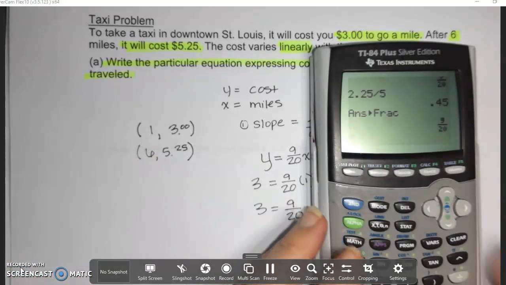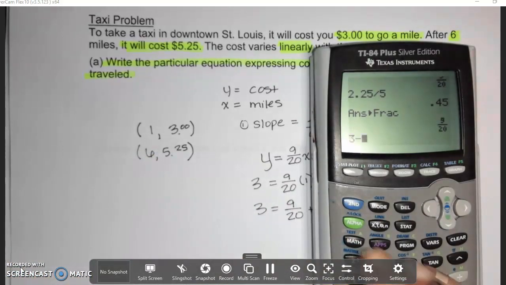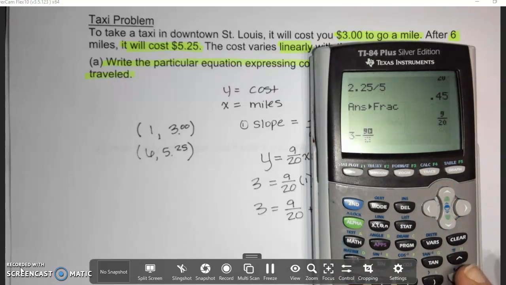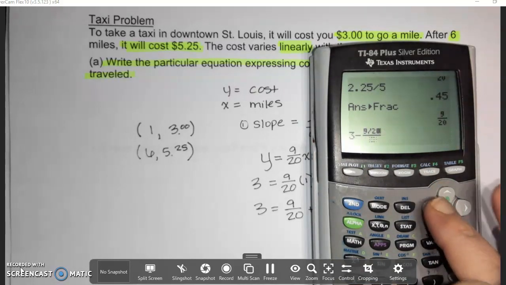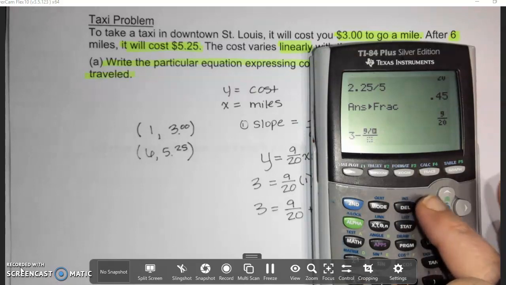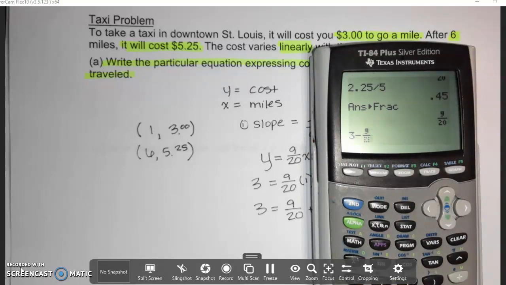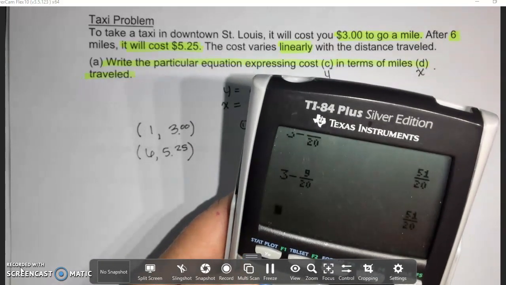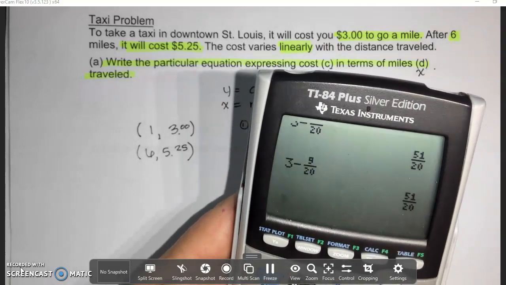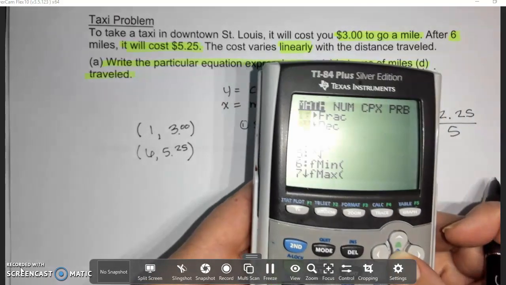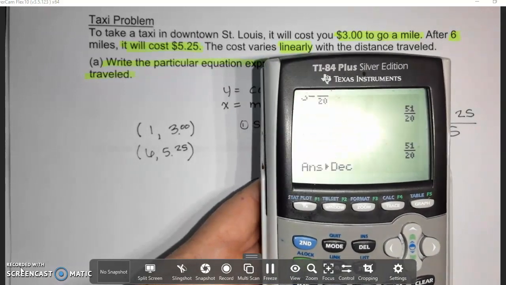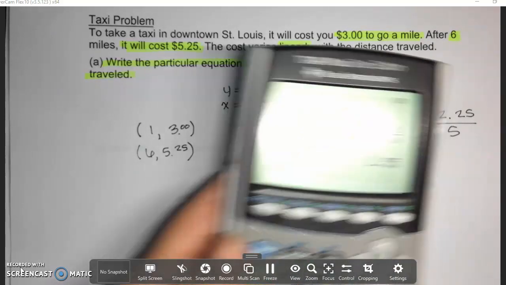So again, 3 minus alpha y equals gives us our fraction, 9/20, gives us 51/20. If we want that as a decimal, I'm going to go to 2. So I hit math and then 2. 2.55.